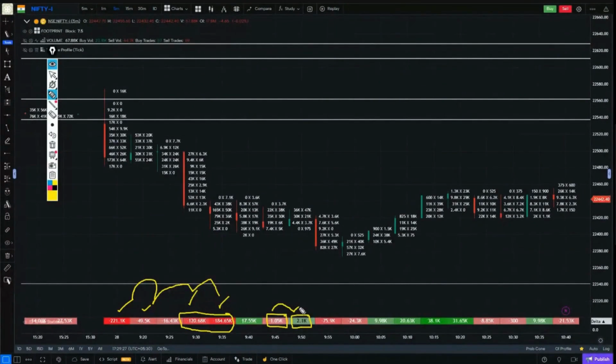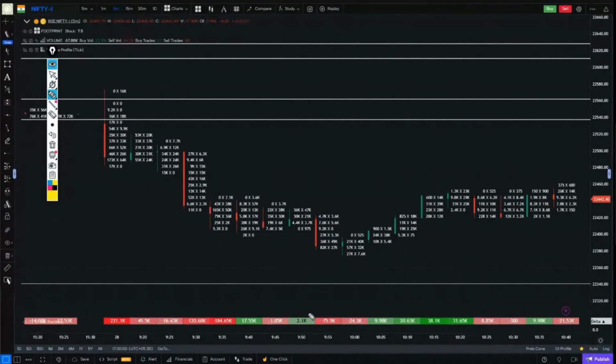So what we will do here is try to read the footprint of those candles whose delta is quite heavy. Heavy in the sense that if we consider Nifty, any delta above 30,000, whether on the positive side or on the selling side, we will read all of them. And if a candle's delta is less than 30,000, understand that there has been very little buying or selling. The reason for reading the higher ones is simple.